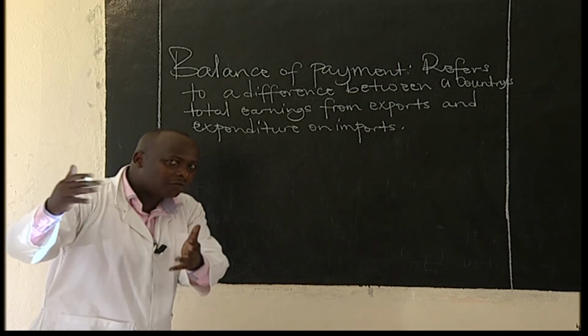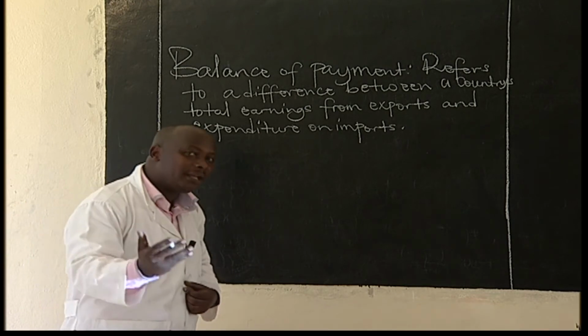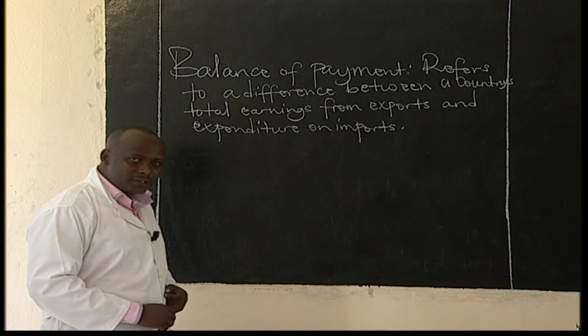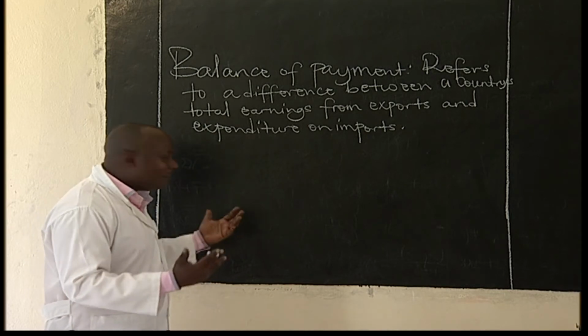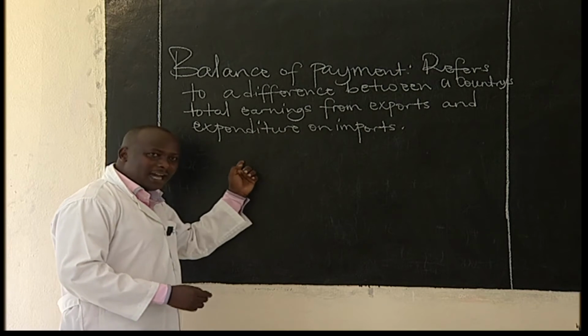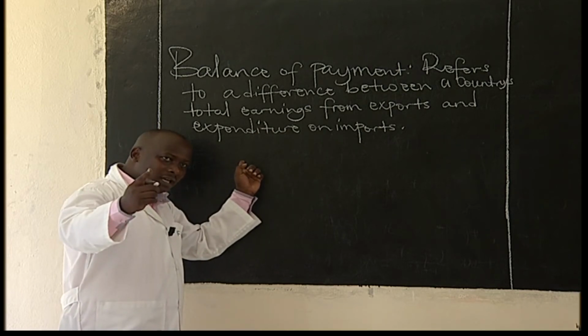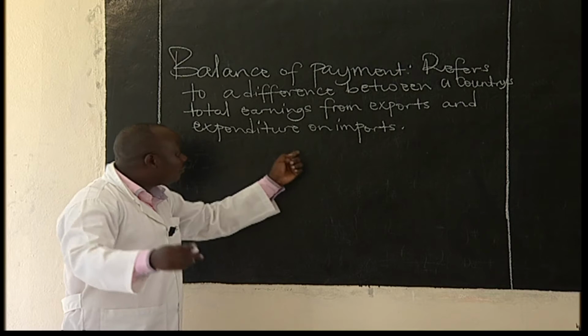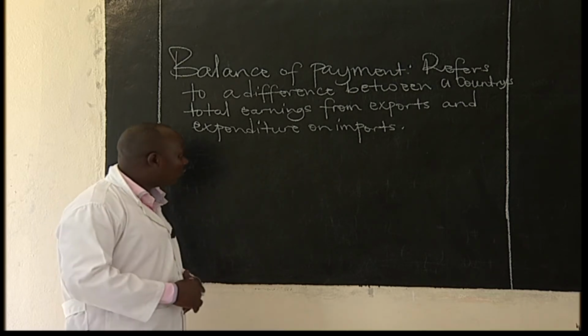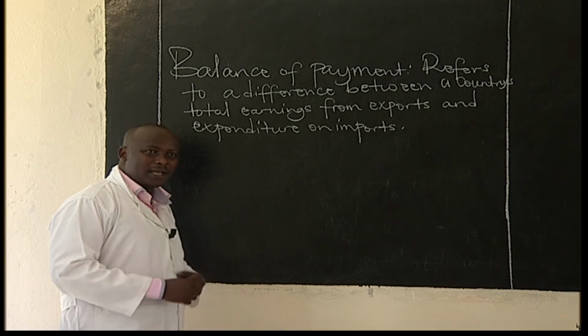And when we buy from other countries, we spend, because when you buy, you spend. That is expenditure on imports. To determine the balance of payment, we get the incomes that we have received after selling goods to other countries and subtract the expenses that have been incurred on buying goods from other countries. That is how we determine the balance of payment.